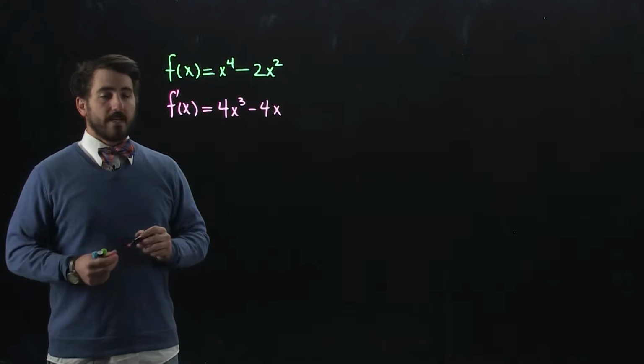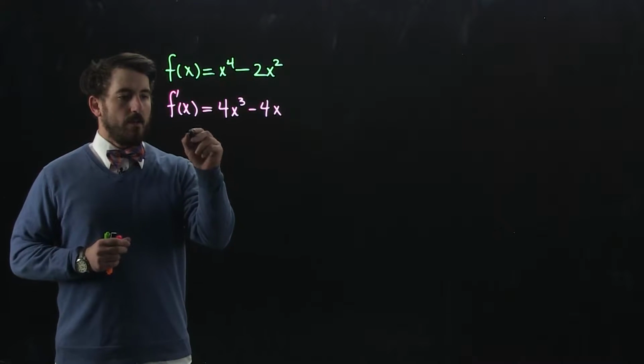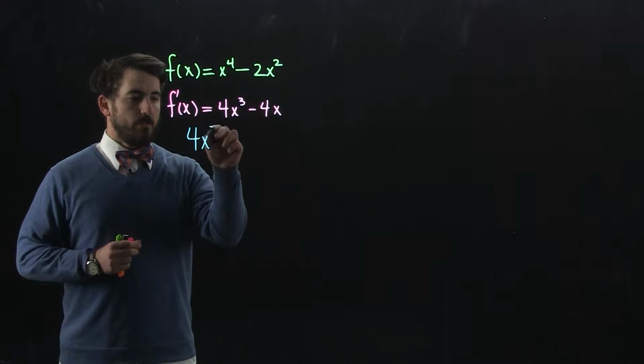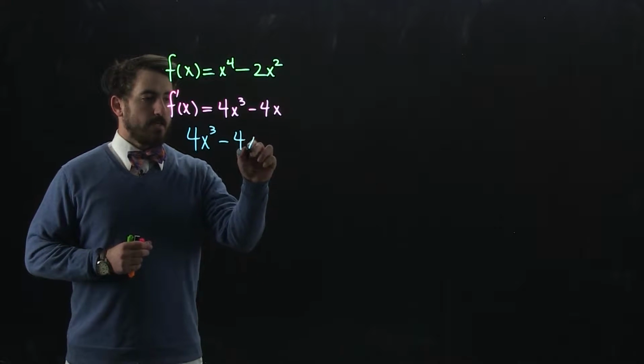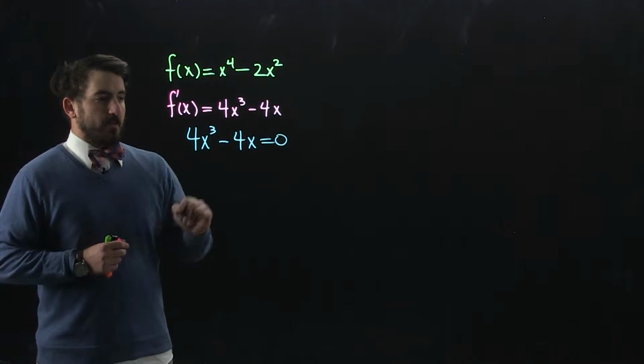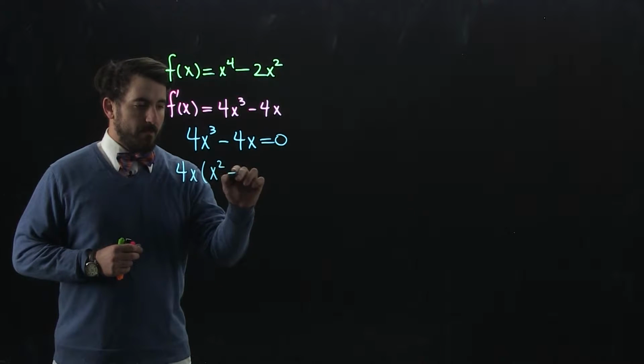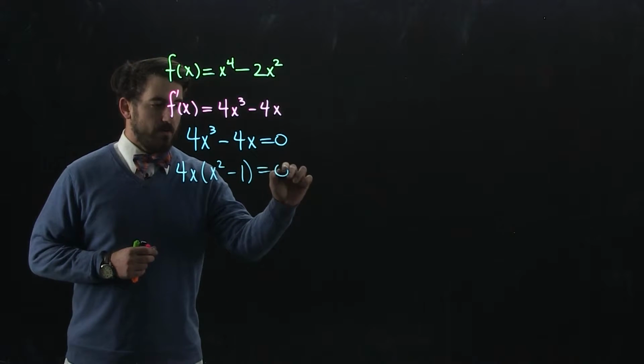Now, the next thing that we want to do is set this derivative equal to 0. So 4x cubed minus 4x equals 0. To solve this, I'm going to factor out a 4x, and I'm left with x squared minus 1 equals 0.